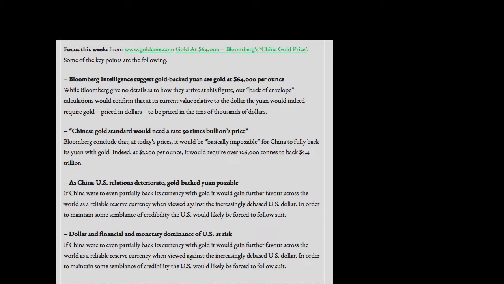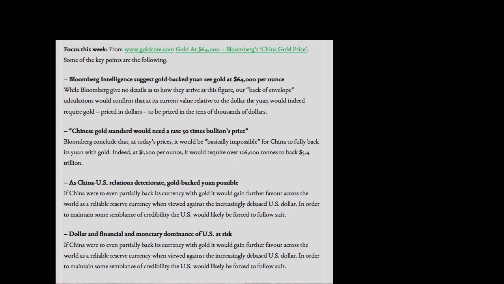Bloomberg concludes that at today's prices, it would be basically impossible for China to fully back its yuan with gold. Indeed, at $1,200 per ounce, it would require over 126,000 tons to back $5.4 trillion.